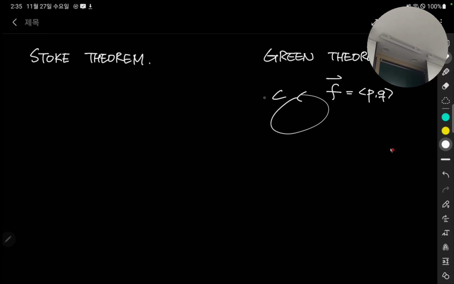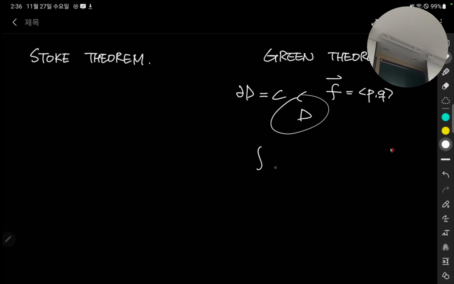This is a curve which is the boundary of a region D, a two-dimensional region, and the orientation of the curve is always the direction where, when you move along it, the domain is on your left side. That's the so-called positive orientation.